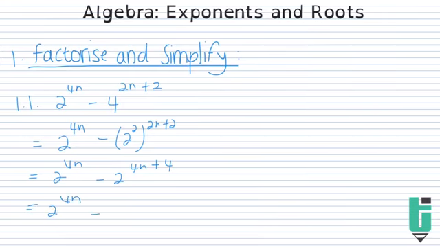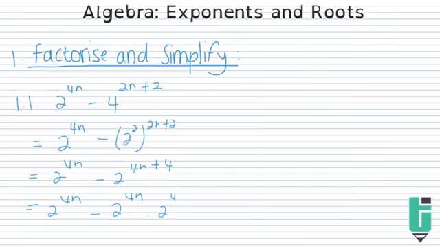So we can separate this out. We can say 2 to the 4n multiplied by 2 to the power 4. And if you work this in reverse, you have 2 to the 4n times 2 to the 4. Since you have a common base, you just add the exponents. So it will go back to 2 to the power 4n plus 4. This is a very clever way of separating these so that you can factorize out this common factor of 2 to the 4n. And that's what we're going to do over here.